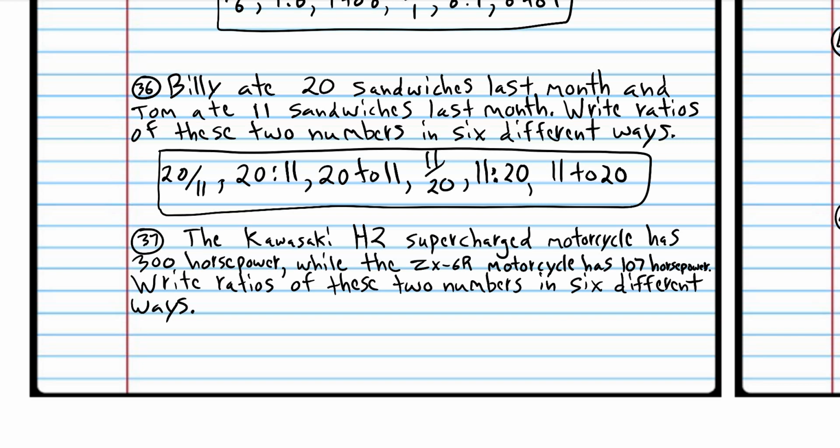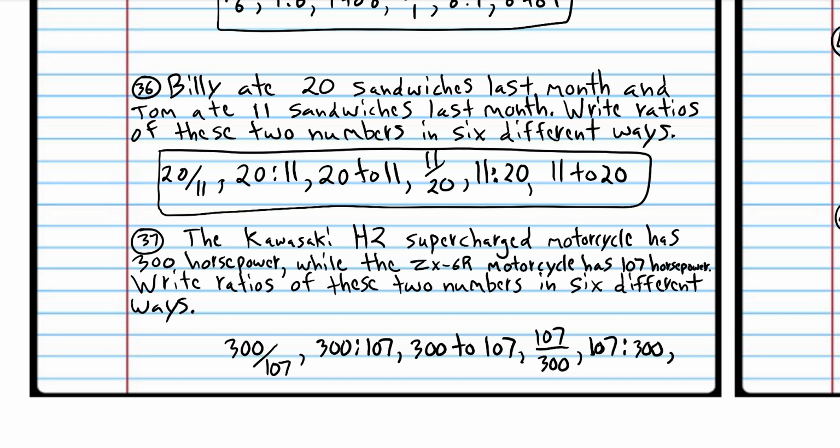All right, we have 300 over 107. We have 300 to 107 with a colon, and 300 to 107 with the word "to." And then, of course, we can flip and say in the reverse order, 107 to 300.